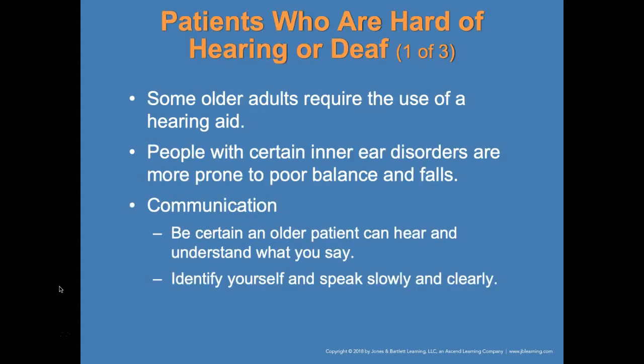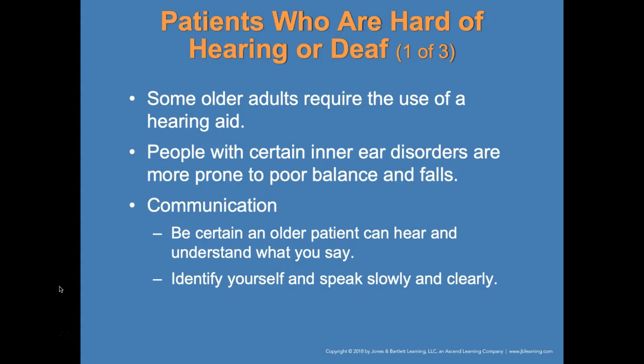All right. Patients who are hard of hearing or deaf. Some of these patients will require the use of a hearing aid. People with certain inner ear disorders are more prone to poor balance and falls. Communication. When we address these patients, we need to be certain that they can hear us and understand what we say. We need to identify ourselves, speak slowly and clearly.